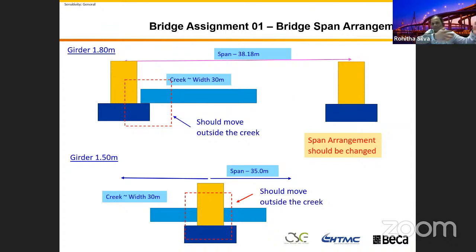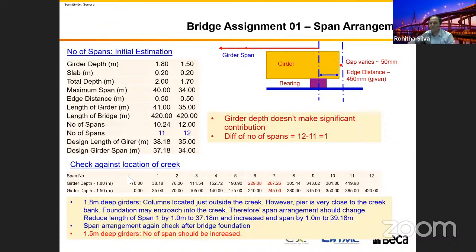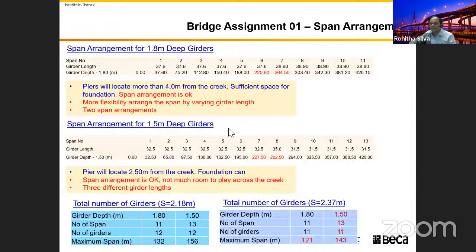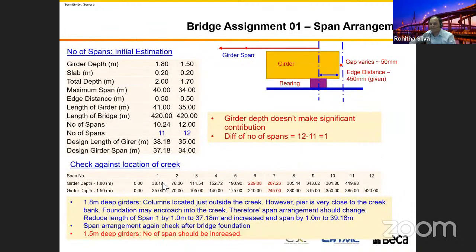Towards abutment A. I'm going to push my span arrangement towards abutment A. The way I'm going to do it, I'll separate my bridge into two segments, one between abutment A and the creek, and the other between abutment B and the creek, in the sense of the creek embankment on either side. So when I rearrange my arrangement, what do I need to do?